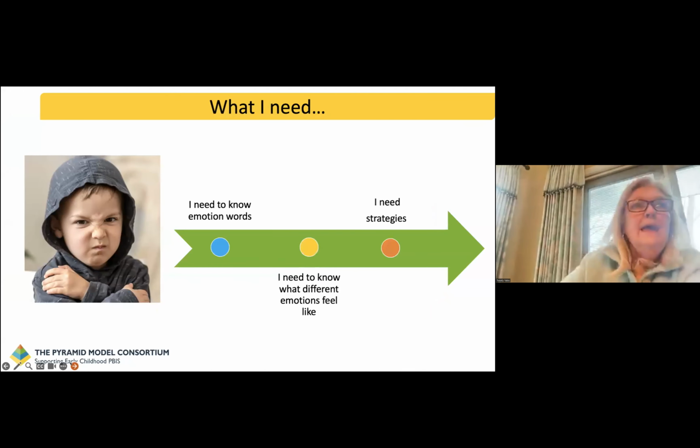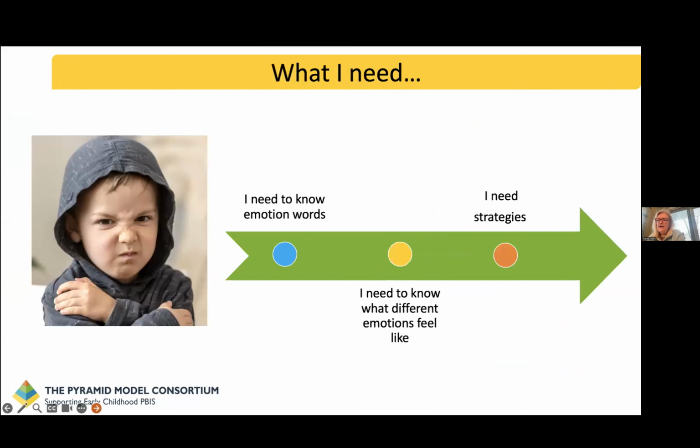The way we thought about this last time was to think about what children need around emotional literacy. They need to know emotion words, and that's what we really focused on last time. We talked about a lot of strategies to teach about emotions, as well as resources.